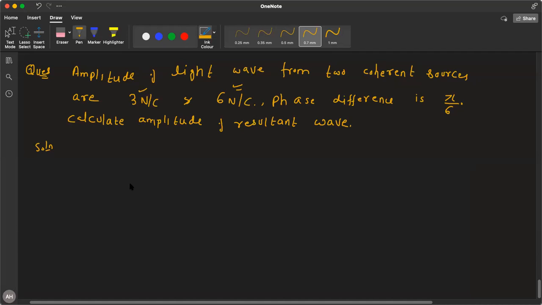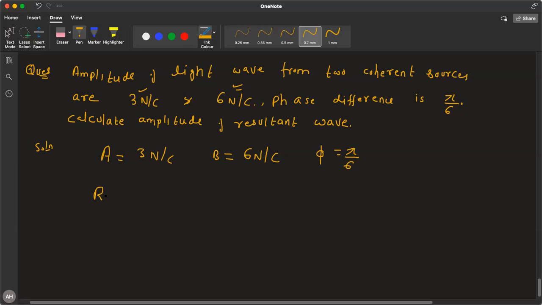See, the calculation is straightforward. You have A, which is 3 Newton per coulomb. You have B, which is 6 Newton per coulomb. You have phi, which is pi by 6.